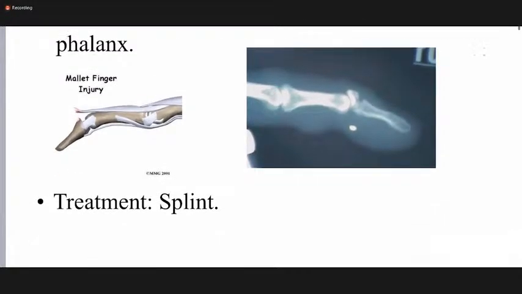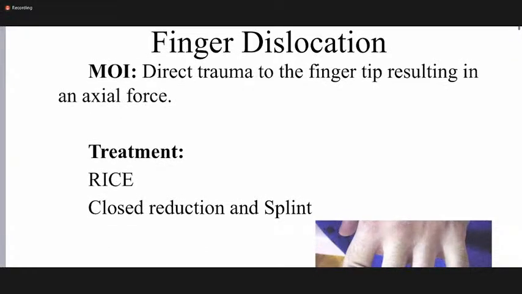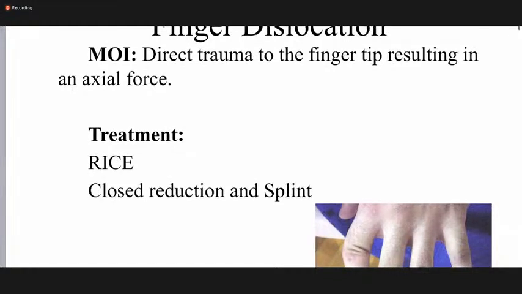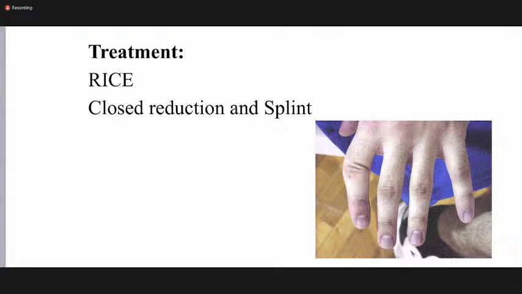Finger dislocations also occur where there is direct trauma to the tip of the finger. You do closed reduction and splint. You can see that diagram there. When you see a finger like that, you know that there's something wrong. Make sure you take a thorough history and find out the patient was not born like that, because you may try forcing a congenital abnormality.